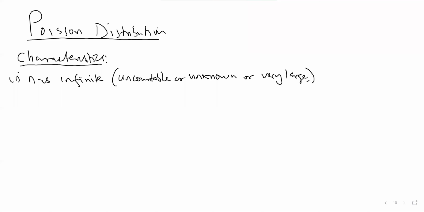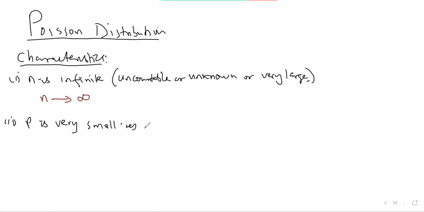Usually we say N approaches infinity. That is, the number of trials in this case will be approaching infinity. The second characteristic is that P is very small.